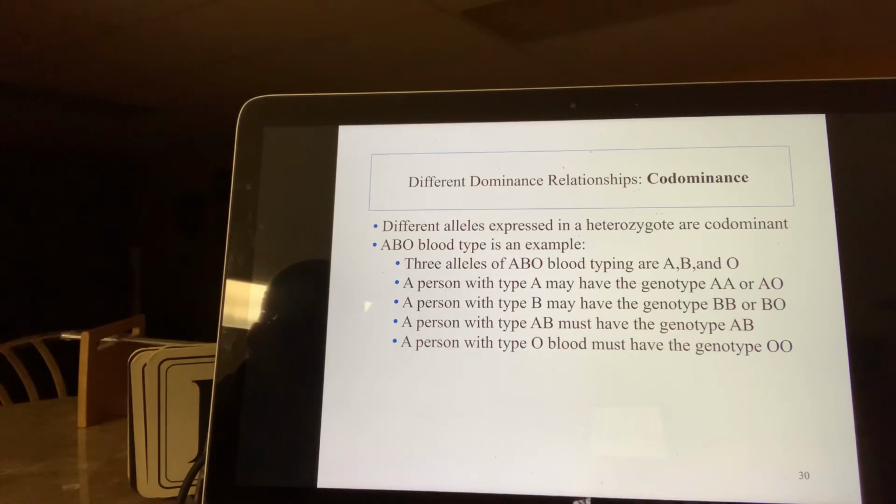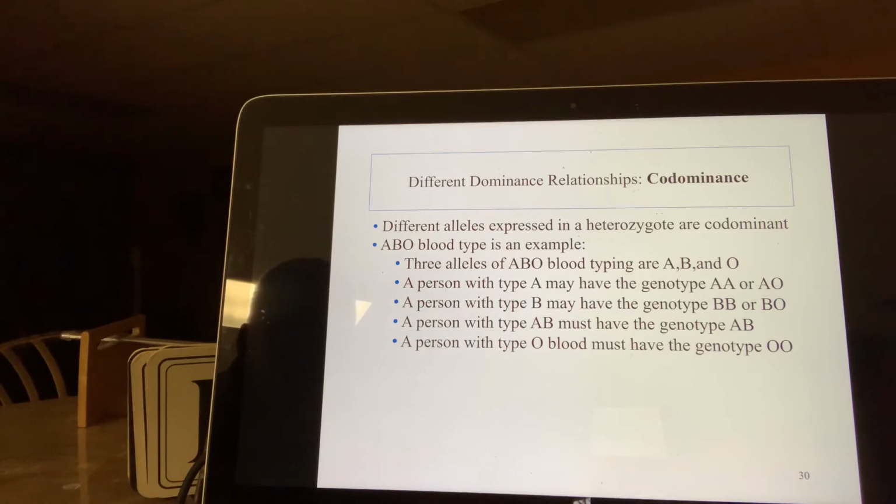There's A, and there's B, and there's O. O produces no proteins on the red blood cell membrane. So people with type A blood can be AA or AO. People with type B can be BB or BO.